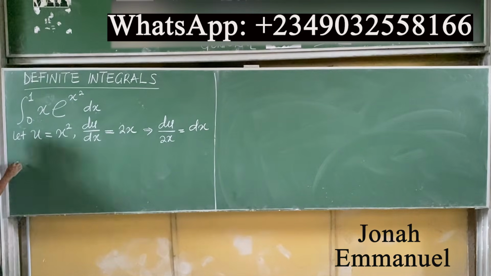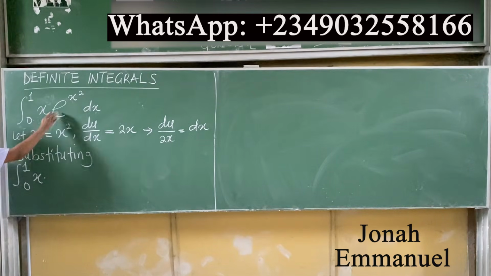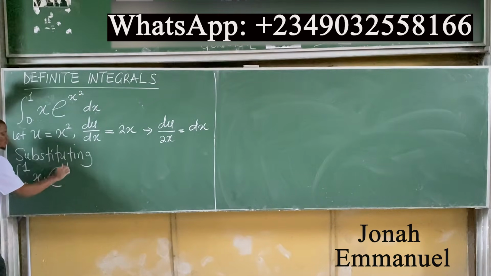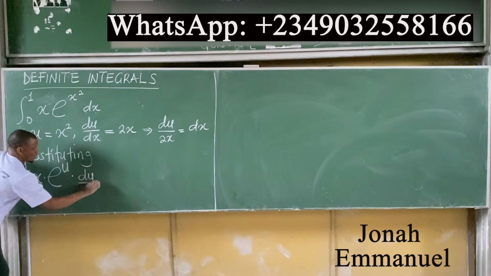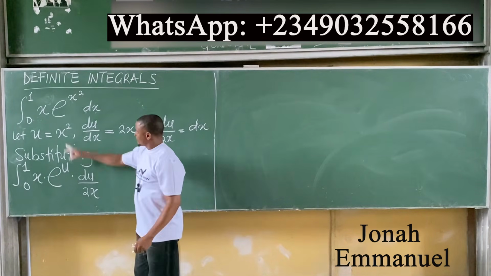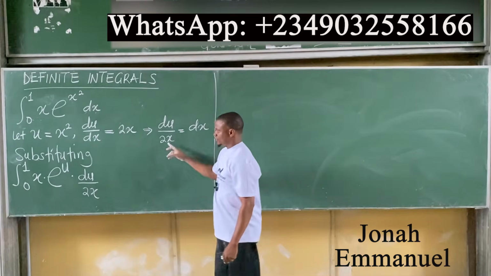I'm done with this. So therefore, substituting, what do I have? This becomes the integral with upper limit 1, lower limit 0, of x dot exponential. We said x squared is equal to u. That becomes u, dot, and dx is du over 2x. Please observe this.